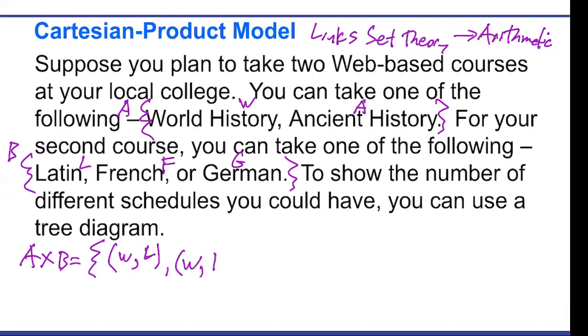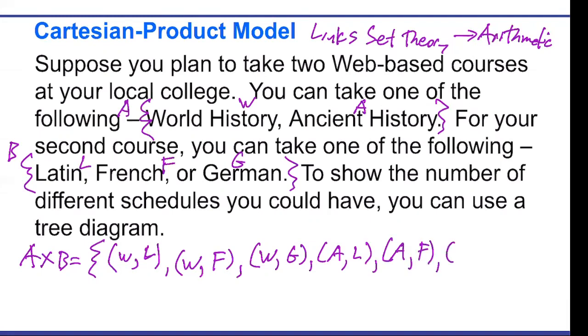World history in French, world history in German, and it's ancient history in Latin, ancient history and French, and finally we get ancient history and German. That's in our cross product.